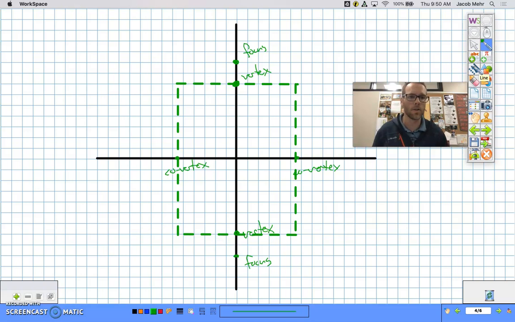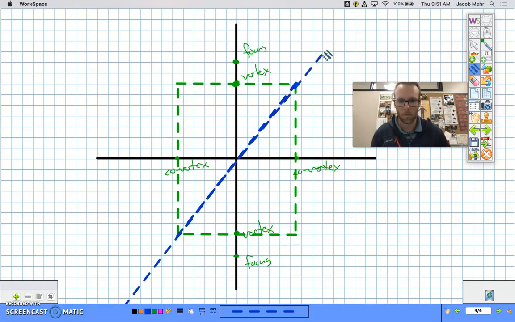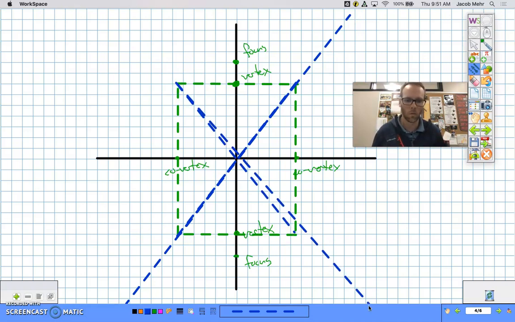Now our box is used to make those slant asymptotes I mentioned. Okay, we're going to draw a line that goes right through both of those corners. All right, so it's going to look something like this, but actually I want to extend it beyond. Like that. There we go.